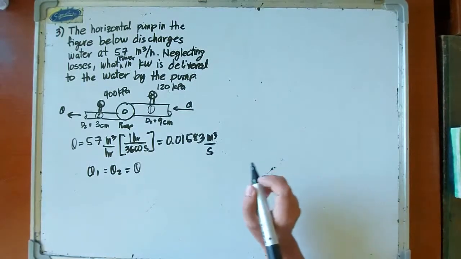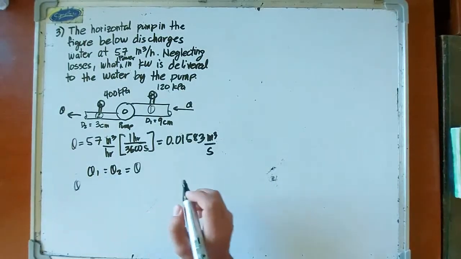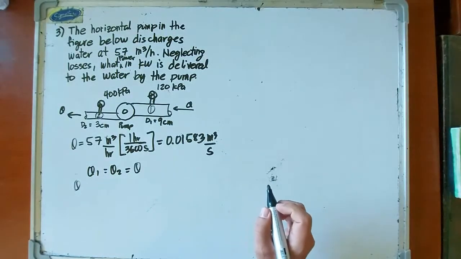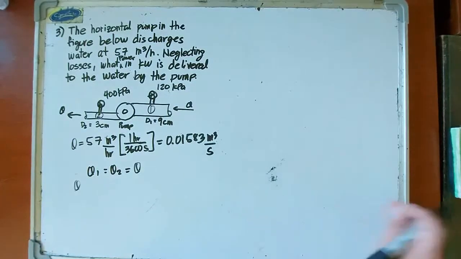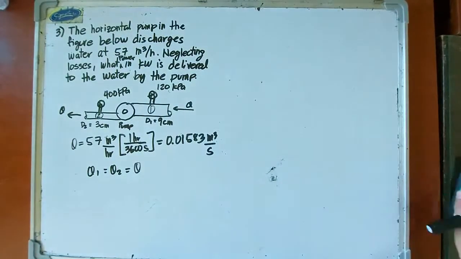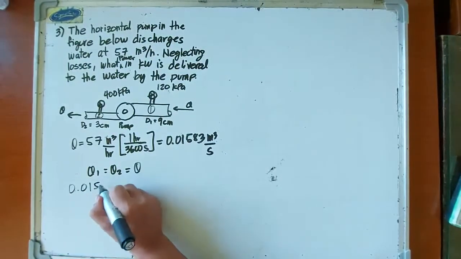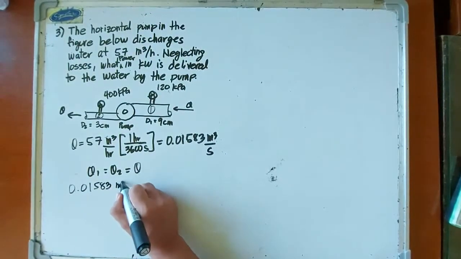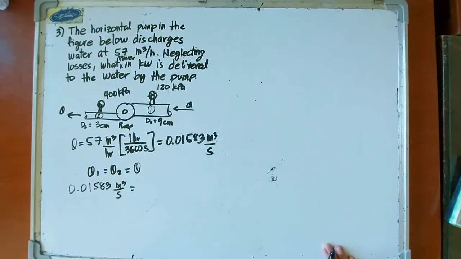Okay, so to solve for velocity 1, diretso na lang natin yung equation para mabilis. The discharge is 0.01583 cubic meters per second. The discharge at pipe 1 is the product of the cross-sectional area at pipe 1 and the velocity at pipe 1.